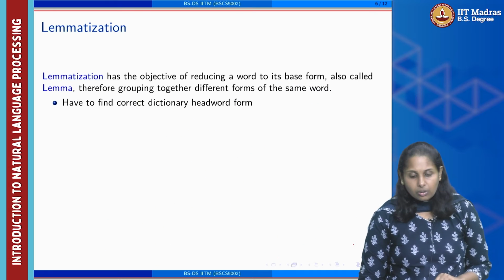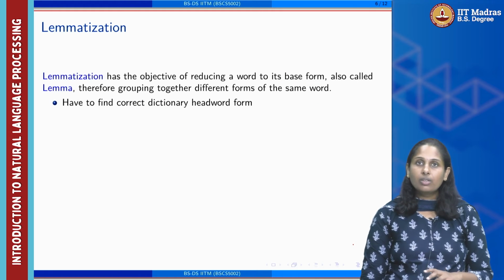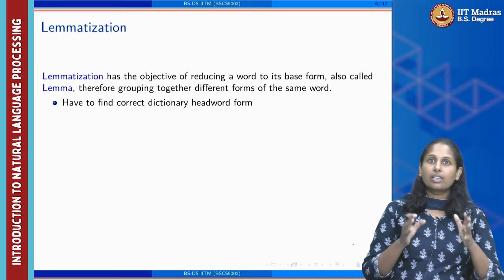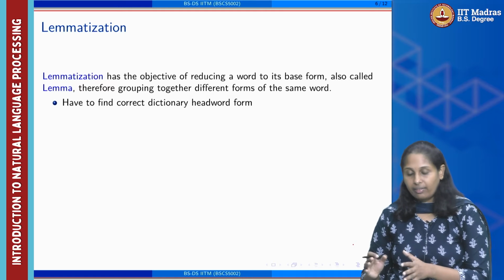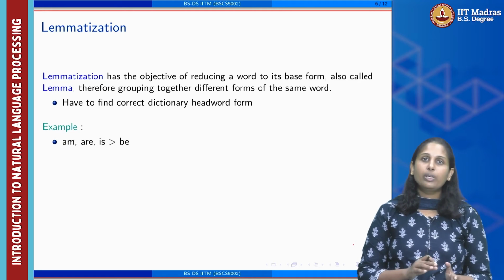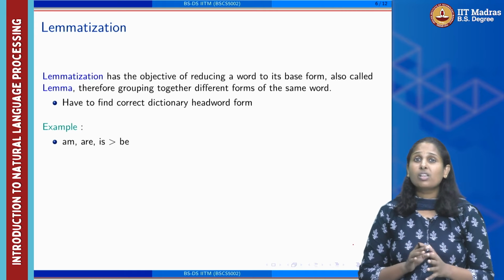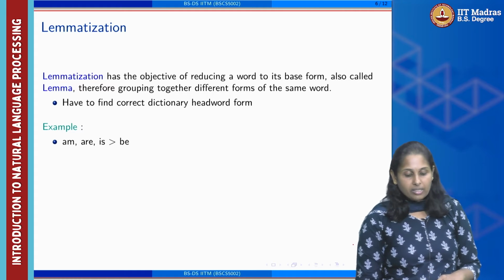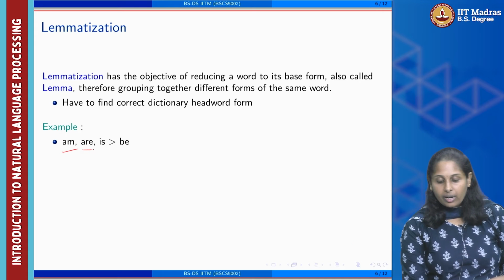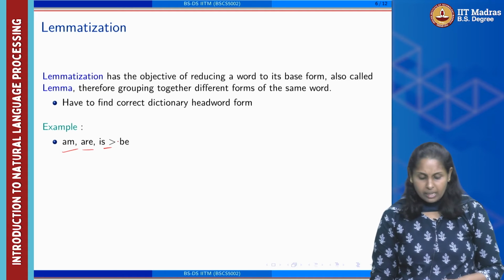So, we have to find the correct dictionary head word form. In the case of ladies, LADY is the head form. That identification is required, and sometimes what the correct head word is if the forms are of different shapes. For example, am or is can be reduced to a head word called BE.